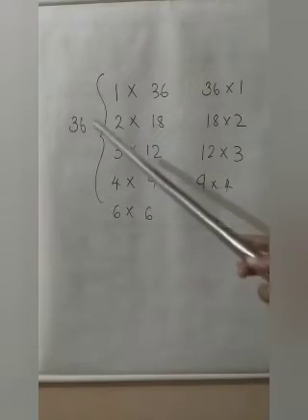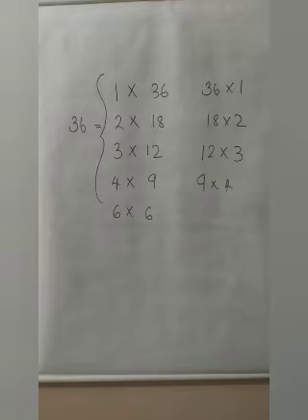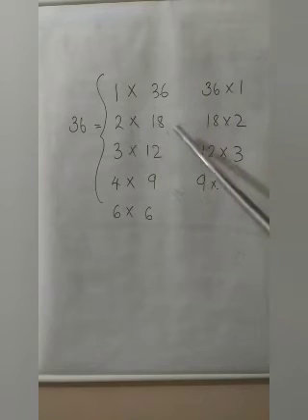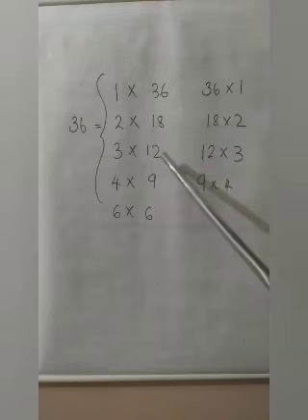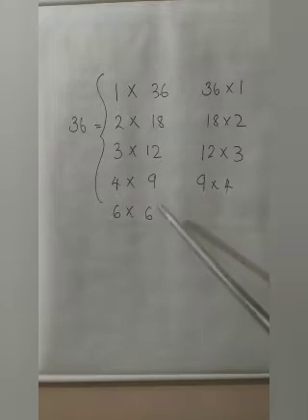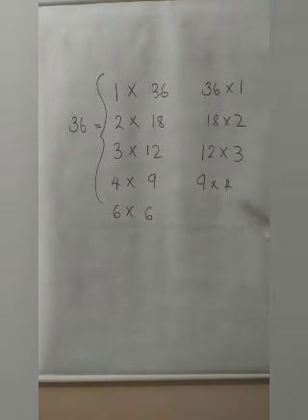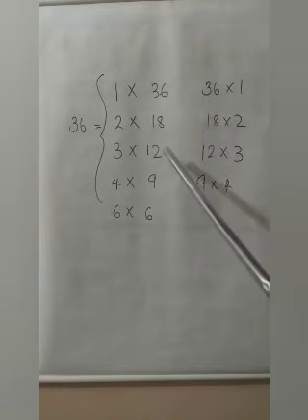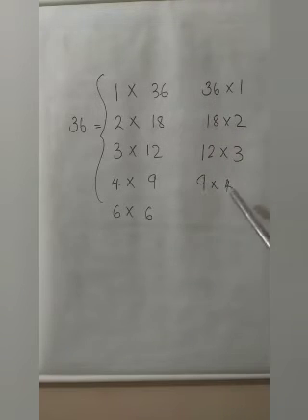Here, for the number 36, I have written its factors. What are the factors? 1 into 36, 2 into 18, 3 into 12, 4 into 9, 6 into 6. Now the reverse order also: 36 into 1, 18 into 2, 12 into 3, 9 into 4.